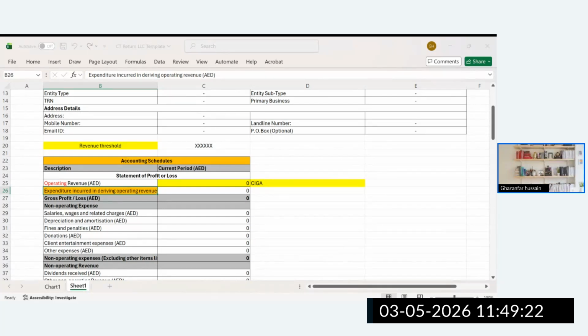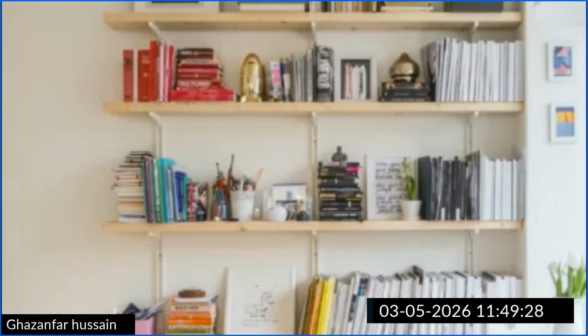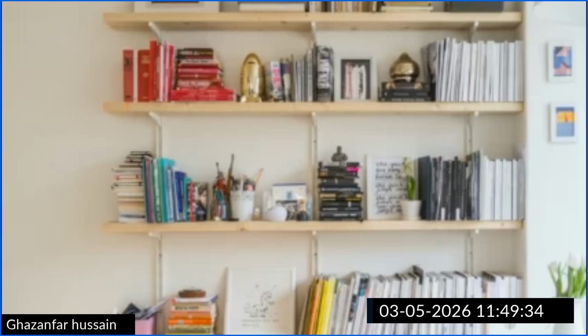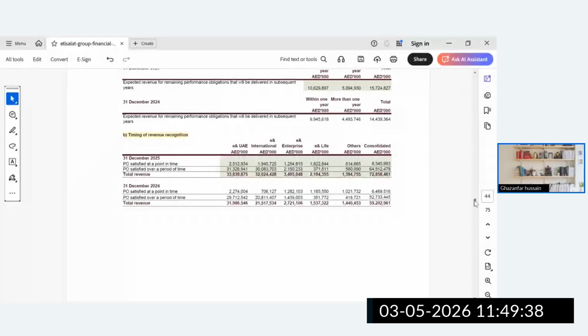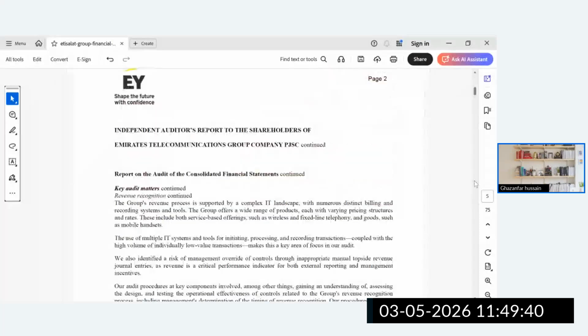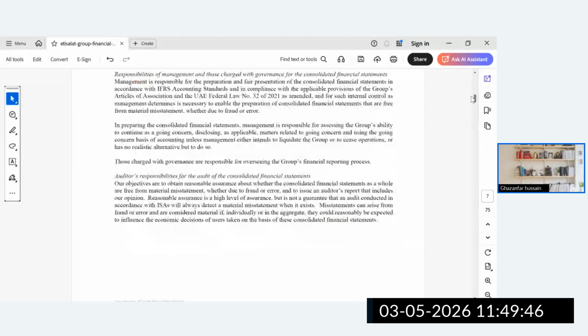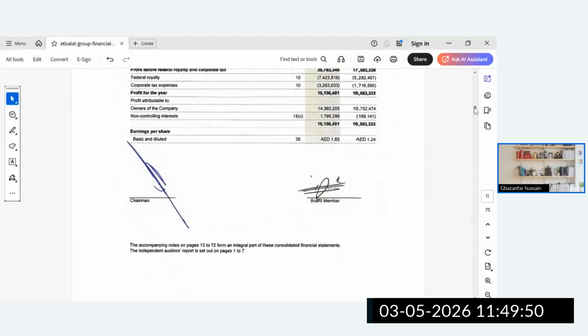So now our next point is the operating expenditure. So let's see the operating expenditure. Go back to the profit and loss and see, this is the Big Four audit report, EY, that we are looking into, in case you need some support during the practical exercise.